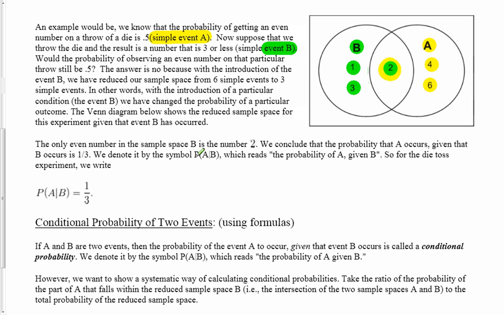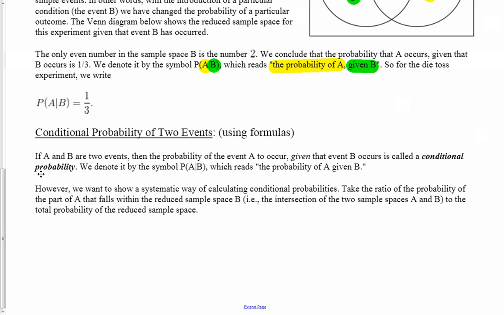We say P of A given B. So again, that reads the probability of A given B. We always put the thing that we're looking for first and the condition that happened second. So for this, we would write probability of A given B is 1/3.